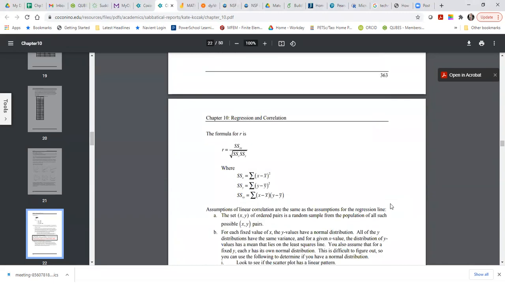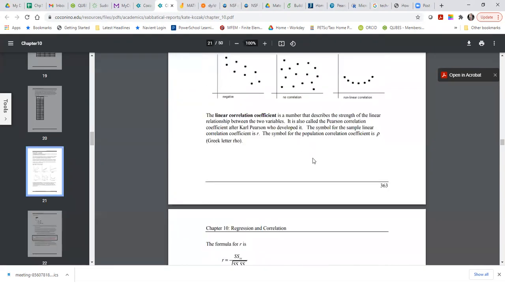Okay, so this is the formula to find the correlation coefficient, the linear correlation coefficient. Okay, so it is a number that describes the strength of the linear relationship between the two variables.